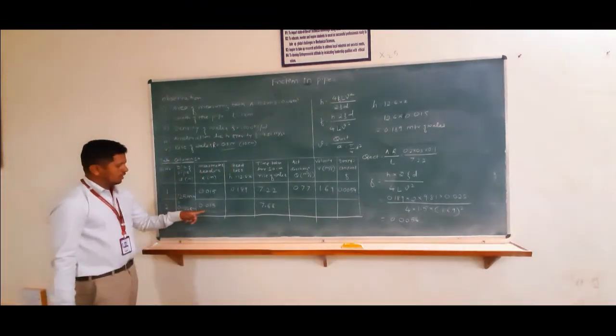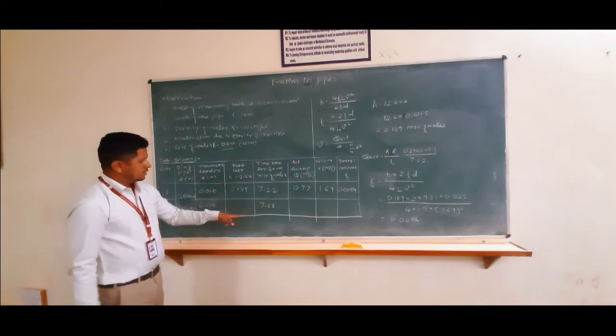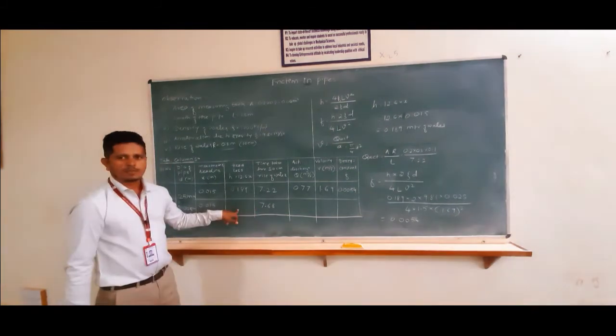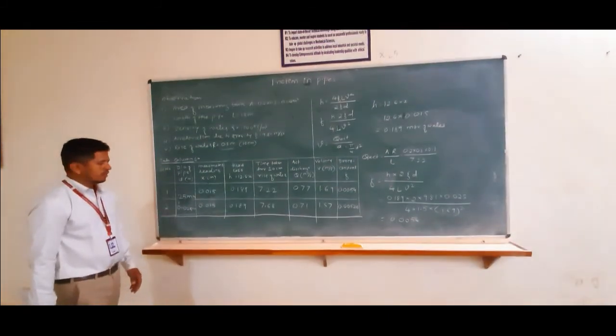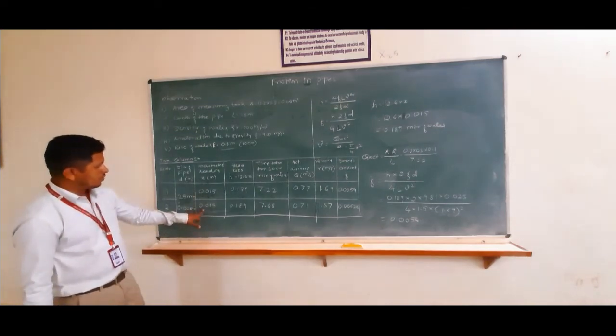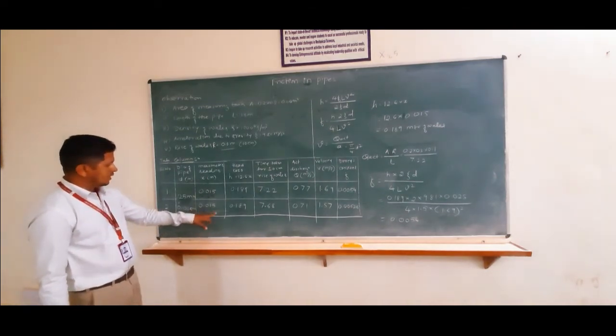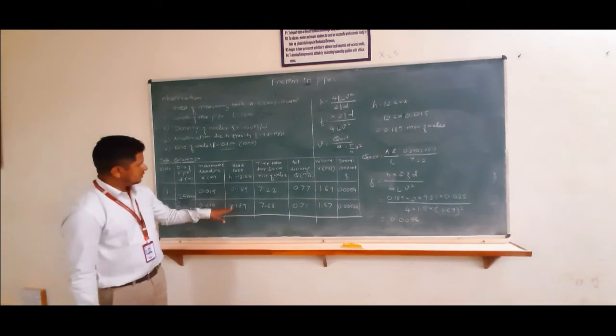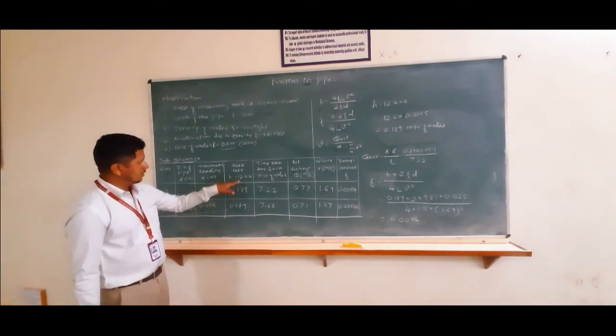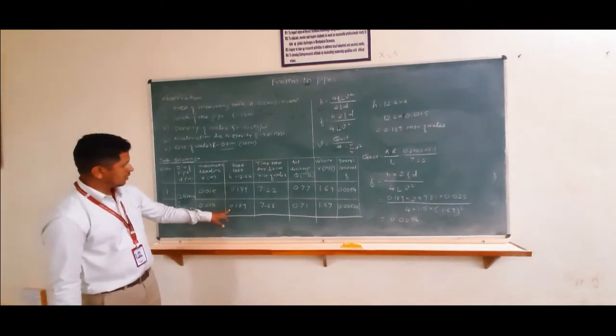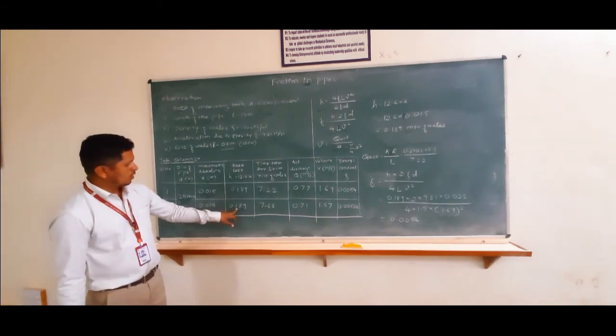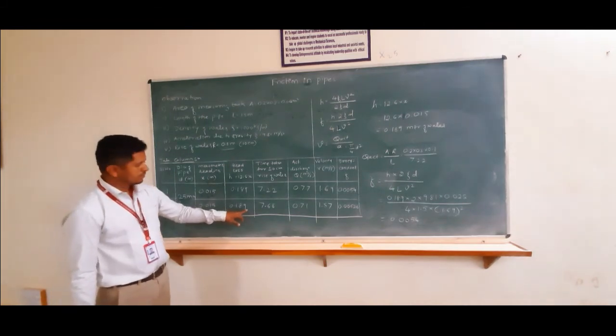Similarly, we have to calculate the Darcy factor for the second reading. By a similar way, we calculate for the second reading. So the head loss, that is h is equal to 12.6 into x, we are going to get the answer 0.189 for the second reading.